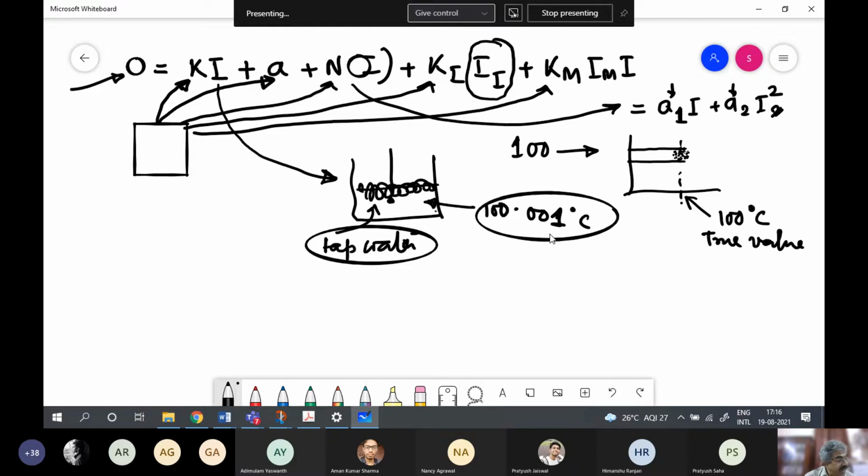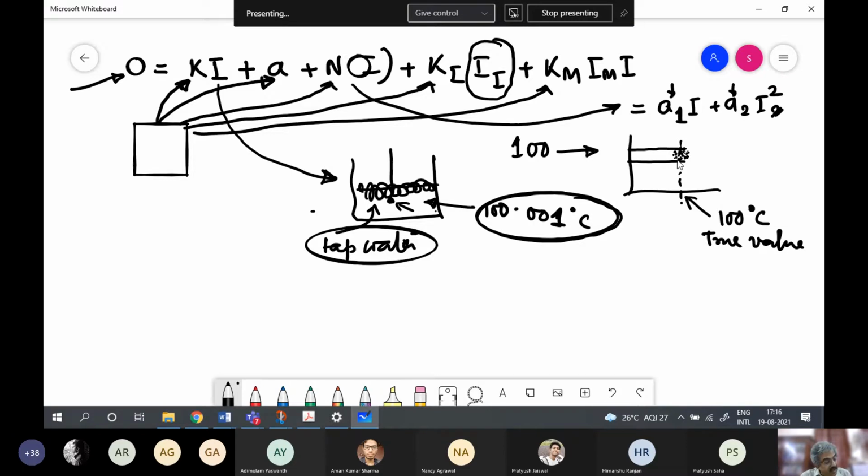Maybe the depth to which we have dipped the thermometer is actually varying. So for whatever reason, the true input can vary by a small amount.